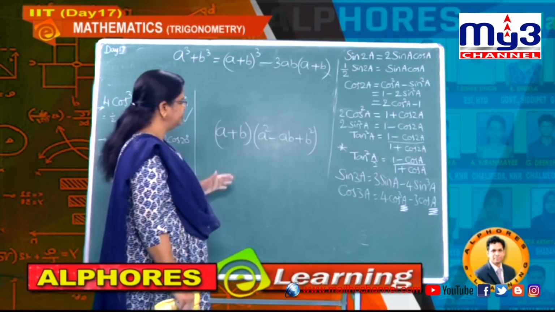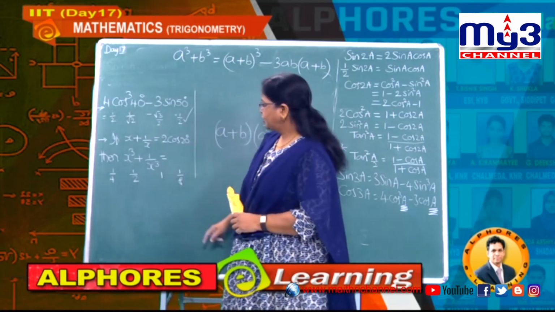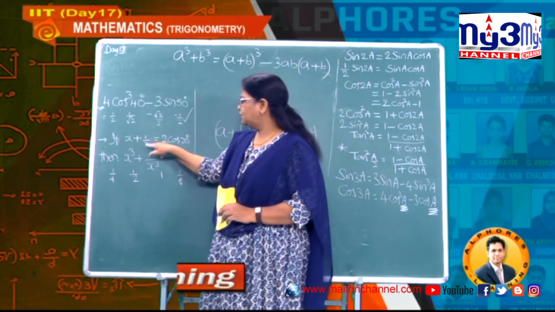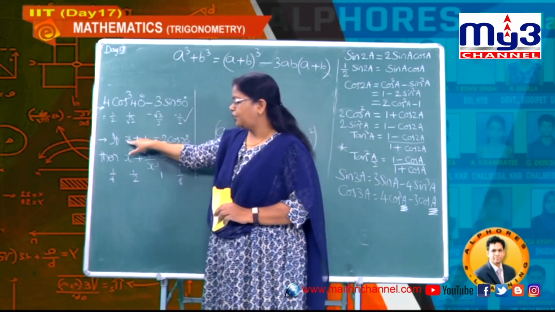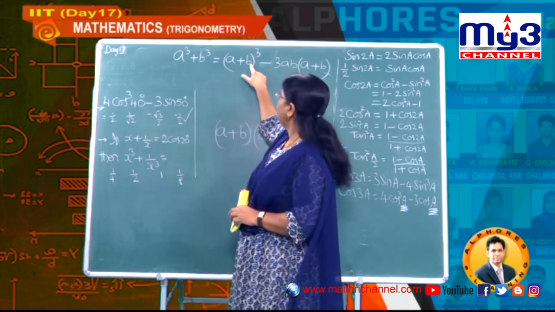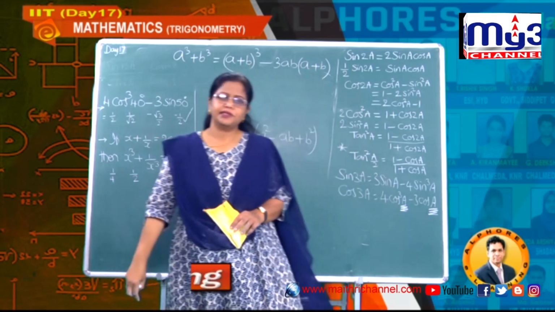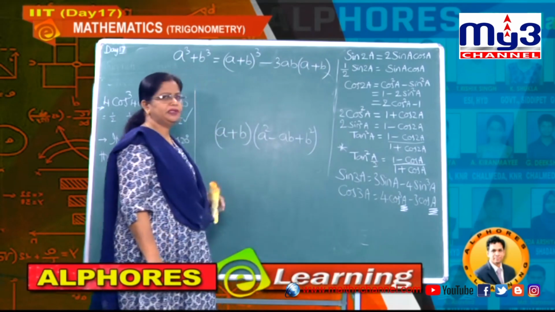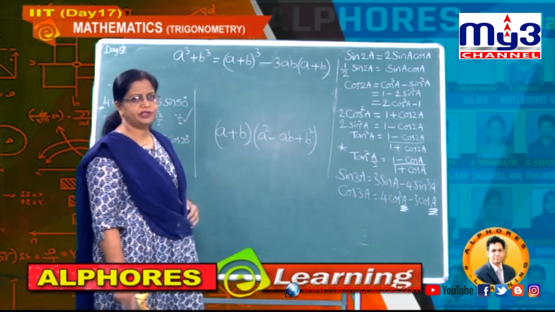But students, which formula is best among these two? Observe here, this is the known data, and as this is the known data, it is your a and this is your b. So here a plus b is coming, and again here also a plus b is coming. That's why which one is preferable to us here? This formula is preferable from these two.